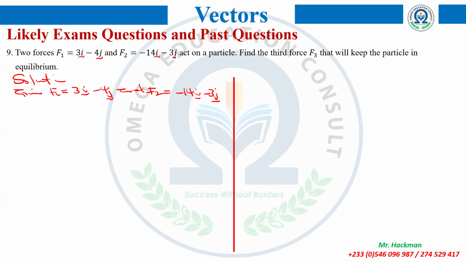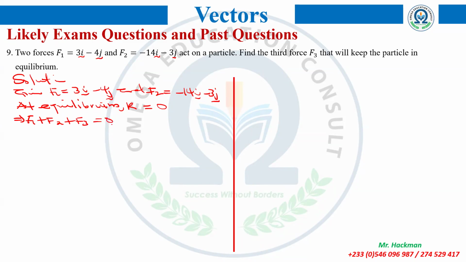At equilibrium, take note, that's the only information that I'm adding here. At equilibrium, your resultant must be equal to 0. This implies that here we said a third force that will keep it in equilibrium. So you have three forces: F sub 1 plus F sub 2 plus F sub 3 should be equal to 0.